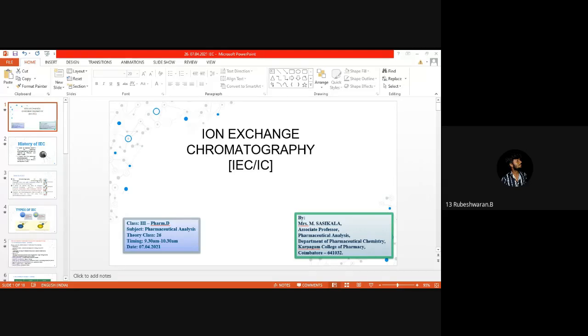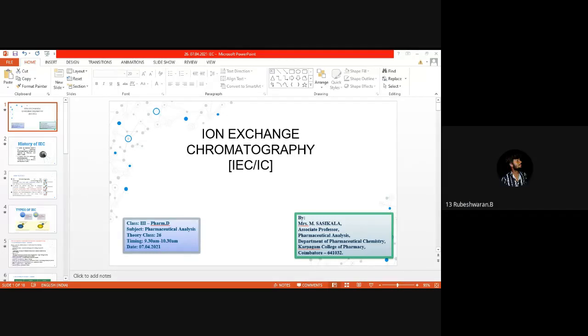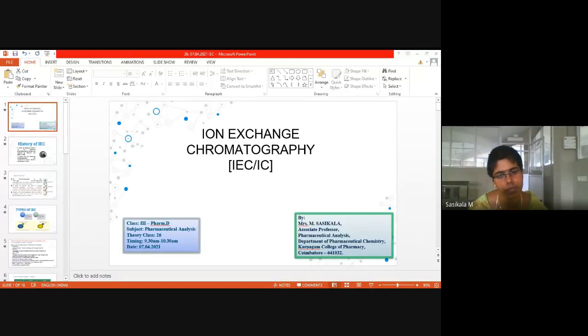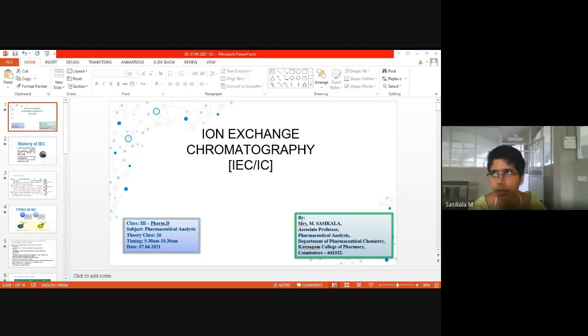Ma'am, say about the HPLC that we have discussed in the last class. What are the three types of HPLC we have discussed? Three types: quantification, isolation, and purification.